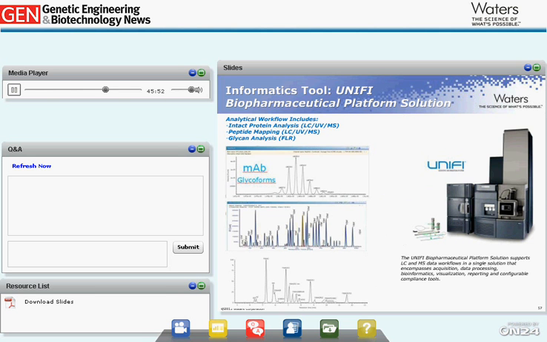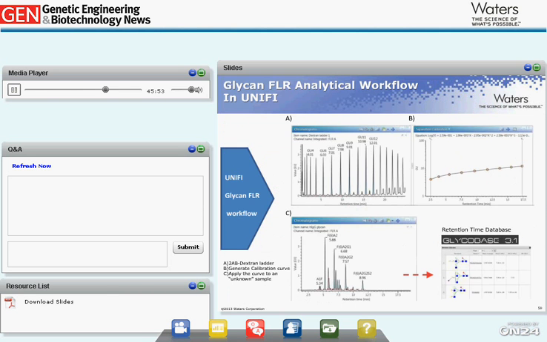And here's what a glycan FLR analytical workflow looks like in UNIFI. Figure A shows what a dextran ladder looks like. We typically use GU4 to GU12 to get the separation calibration curve, shown in figure B. Then figure C shows how to apply the calibration curve to an unknown sample.